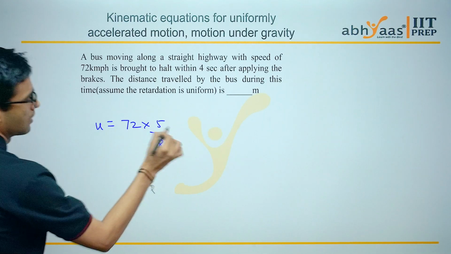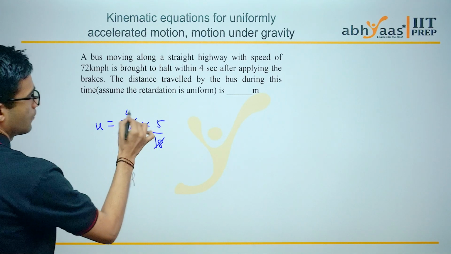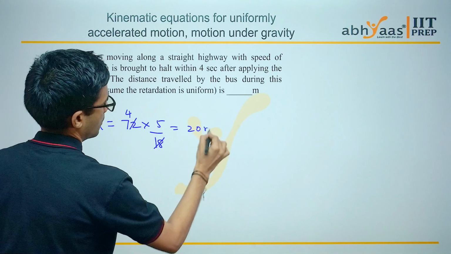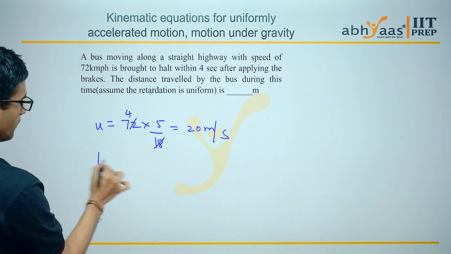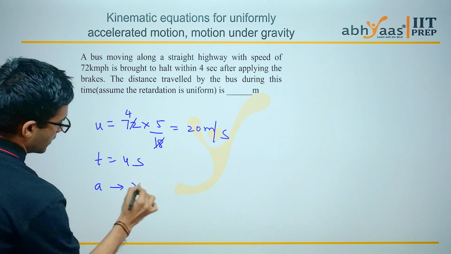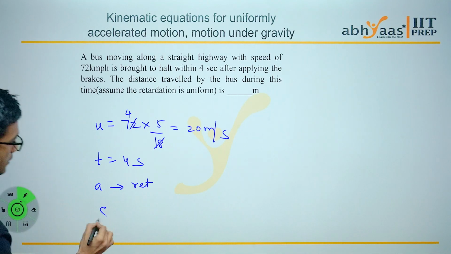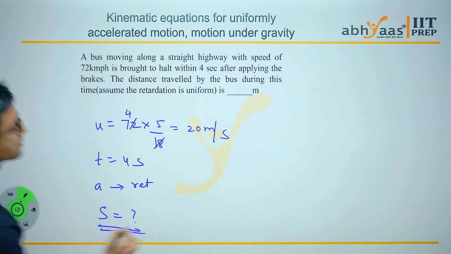You just convert this, so 72 times 5 by 18, that is 20 meter per second. Time is 4 seconds. Acceleration is negative, that is retardation. What is being asked? Distance.